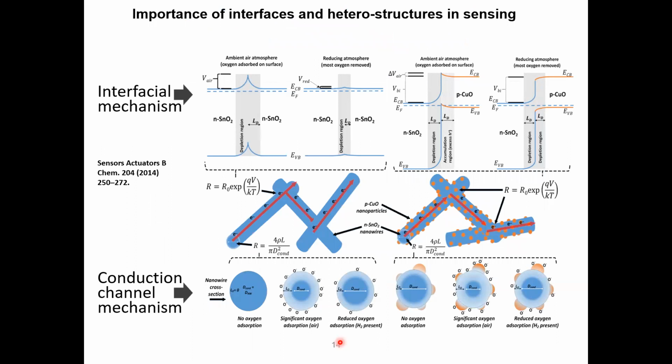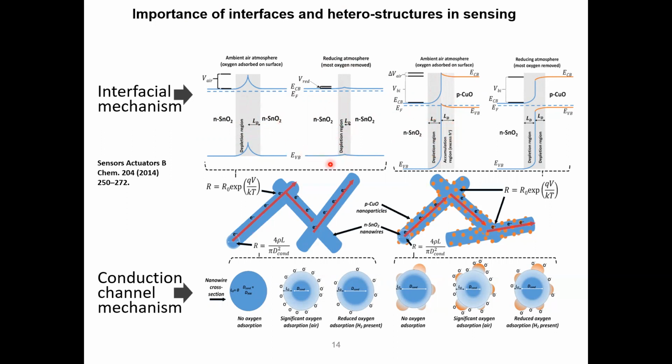We also know that you can get interfacial mechanism that we talked about, that you create this back-to-back Schottky barrier at the interface of particles, and the modulation of that gives you sensing. And then you can have a homojunction of an N-type interface, or you can have a heterojunction, N-P-type interface that has an inbuilt interfacial barrier on top of the Schottky barrier.